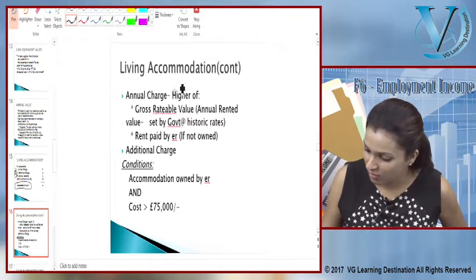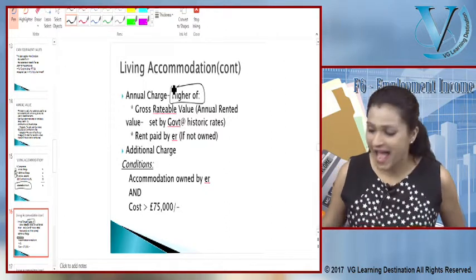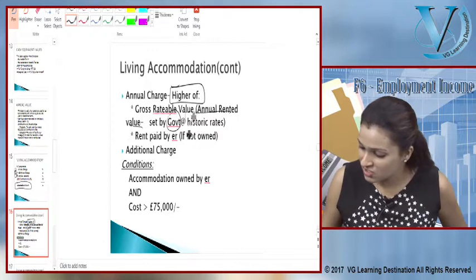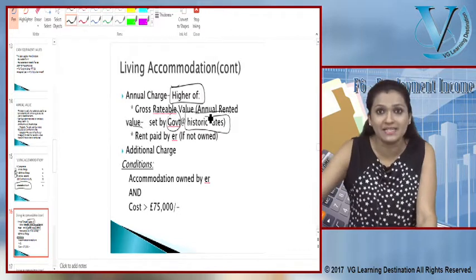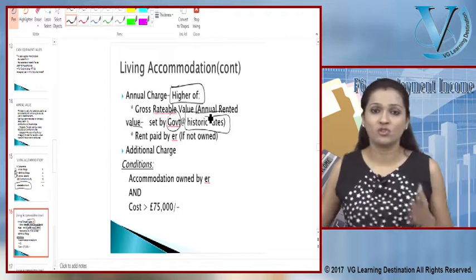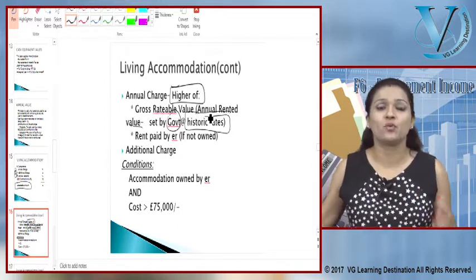We take the higher of the gross rateable value, which is the annual rented value set by government at the historic rates, or the rent paid by the employer, which obviously would happen when the employer himself does not own the accommodation. Only then will he be paying rent towards the property.